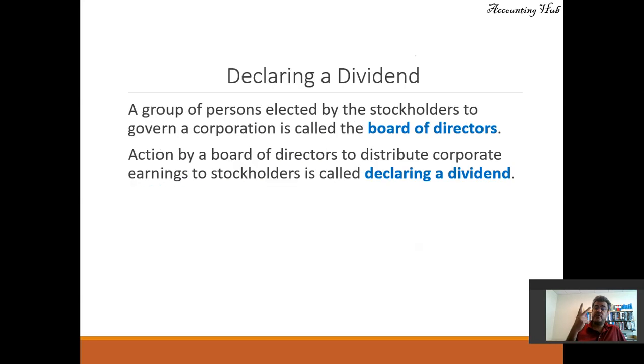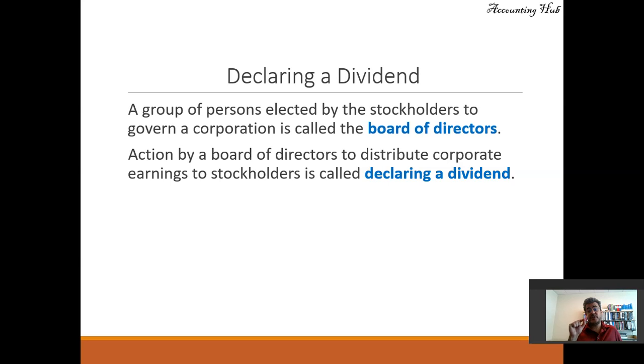And we have two steps here. The first one, declaring a dividend. We are telling our owners, we are going to pay you. A group of persons elected by the stockholders to govern a corporation is called the board of directors. An action by a board of directors to distribute corporate earnings to stockholders is called declaring a dividend.